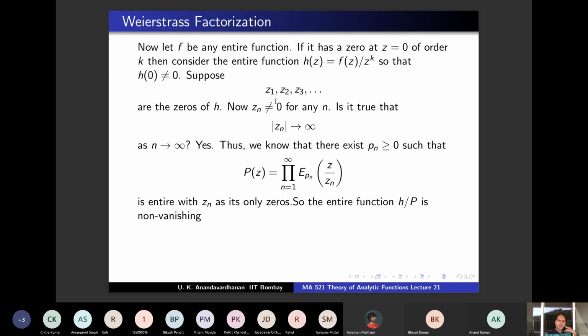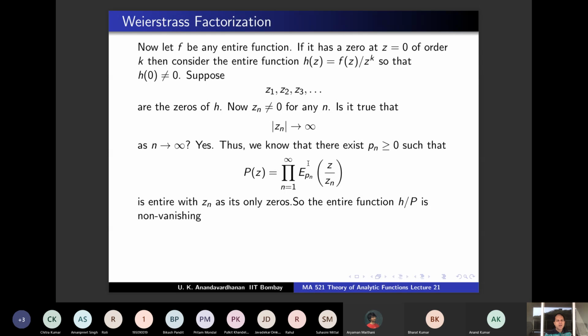So if h has a 0 at z_2 of some order, then z_2, z_3, z_4, etc. could all be z_2 only, since repetitions are allowed. So precisely the zeros are coming with the correct multiplicity for P also. So when you take h by P, all the zeros are getting cancelled, so it is non-vanishing.